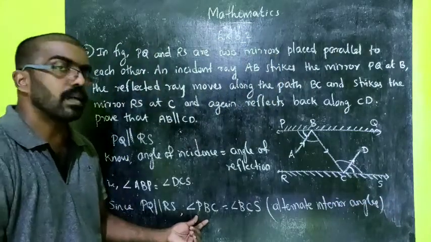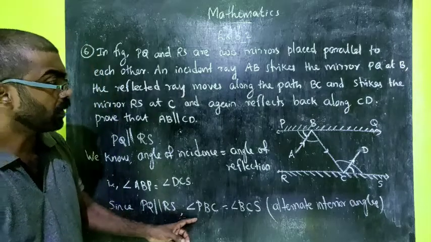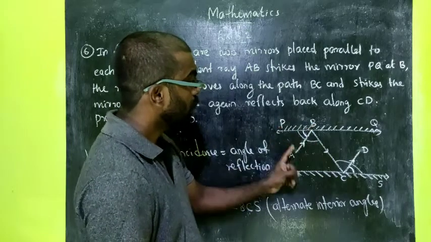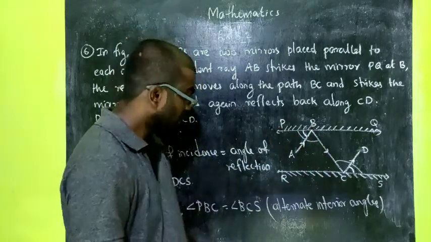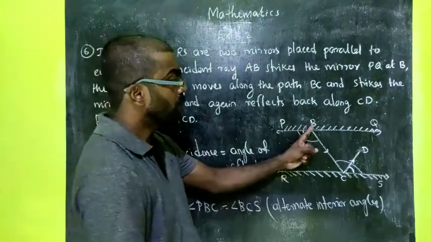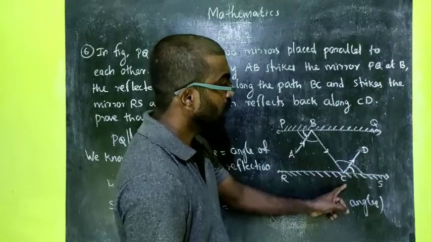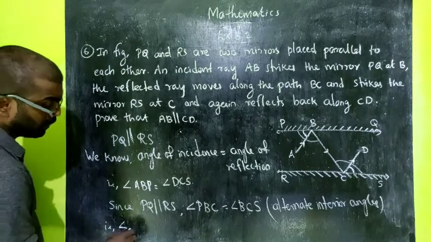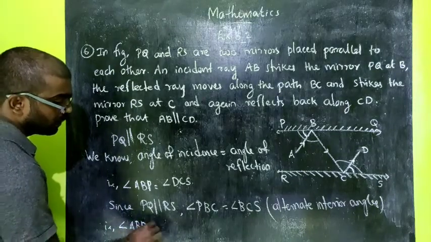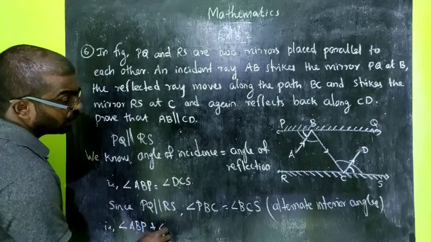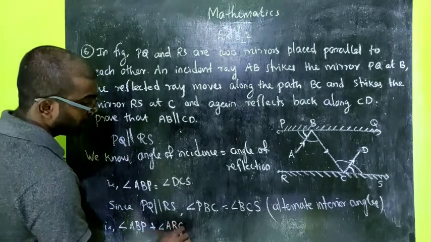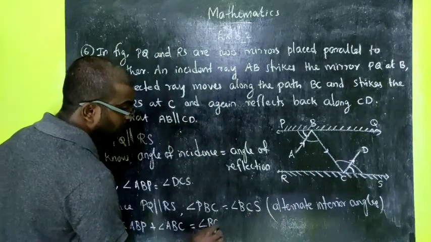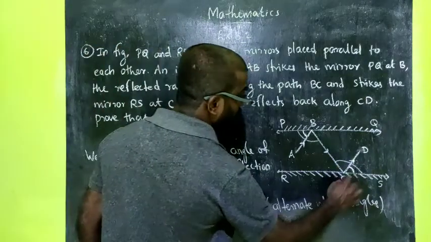Now we can split these angles as the sum of two angles. Here PBC is the sum of ABP and ABC. Okay. And BCS is the sum of BCD and DCS. That is angle ABP plus angle ABC will be equal to angle BCD plus angle DCS.